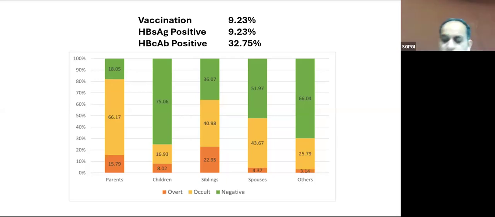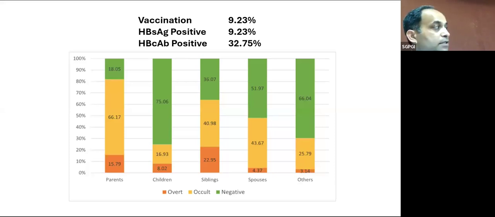Now, what kind of close contacts had the maximum HBsAg positivity rate? It was among the siblings, shown here in the middle column. The orange column is 22.9%. So the siblings of the patients are at highest risk for HBsAg positivity.